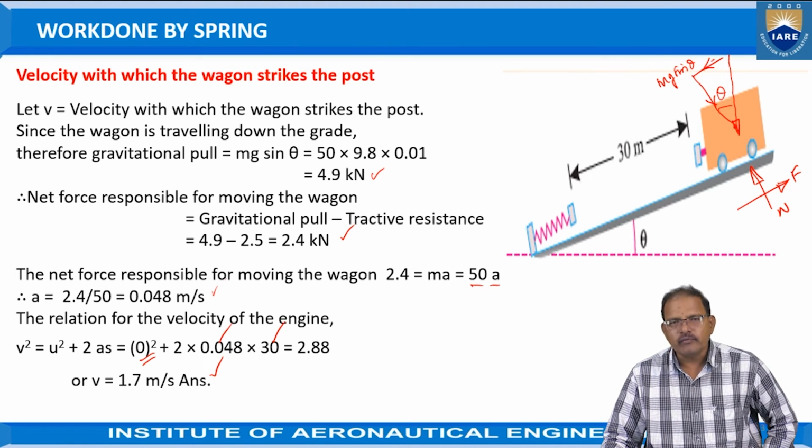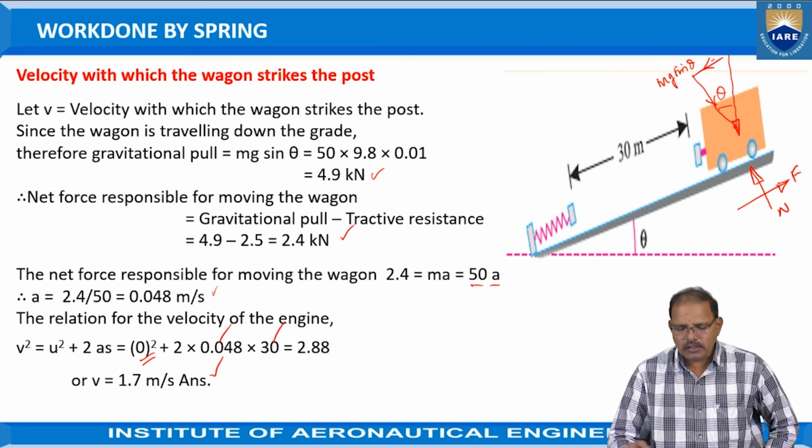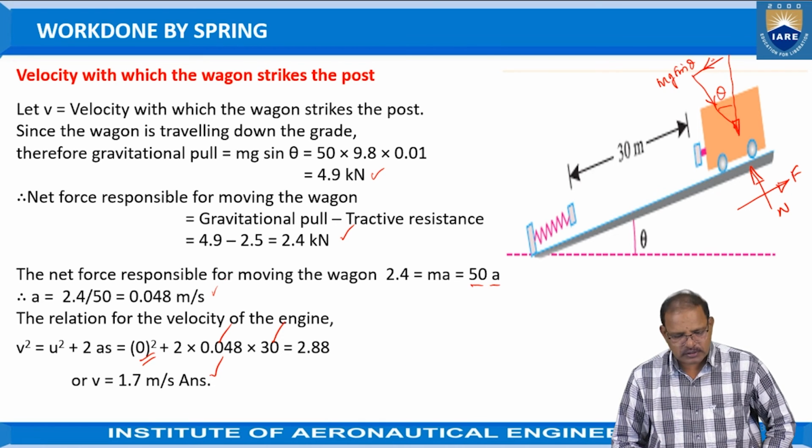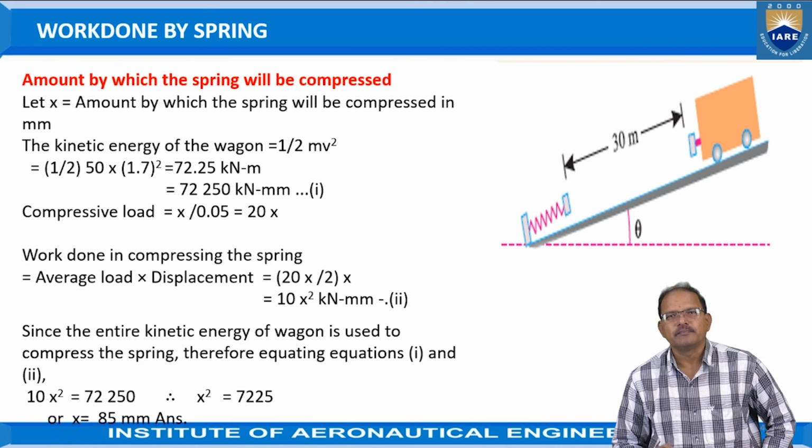The difference of these two values is responsible for moving the wagon downward, which can be written as M into A. We calculated that A value. After that, by using the relation v square is equal to u square plus 2as, we determine the final velocity with which the body is striking the post.